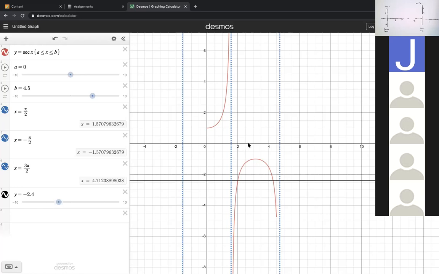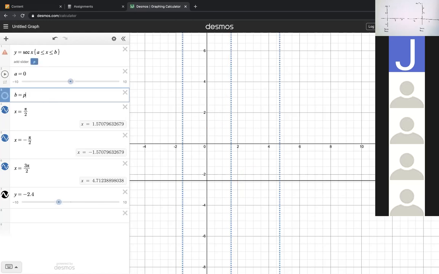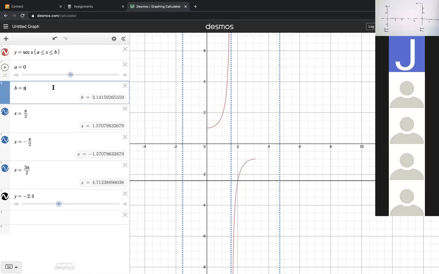And maybe you can see, it's a little hard to see the exact value, of course, but you can kind of get an idea that this is about, oh, I don't know, 3.14, otherwise known as pi. Okay.